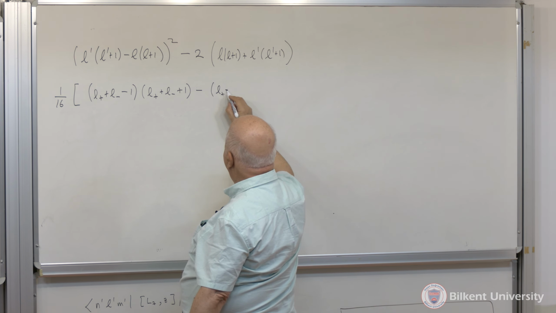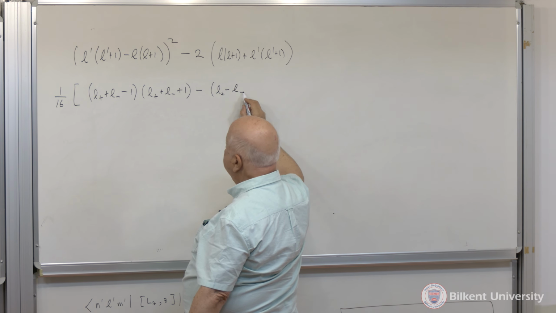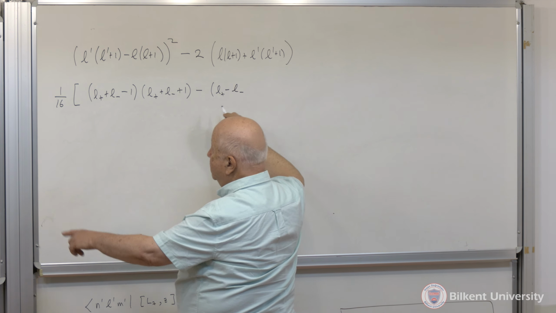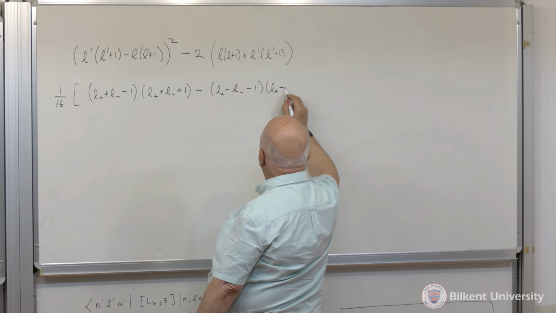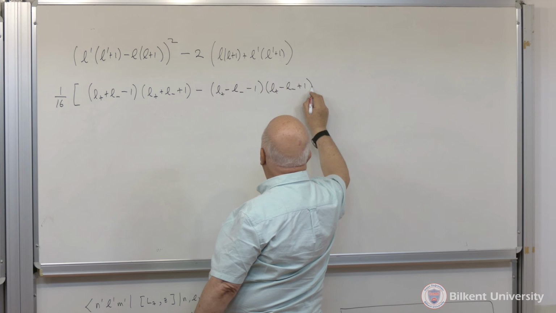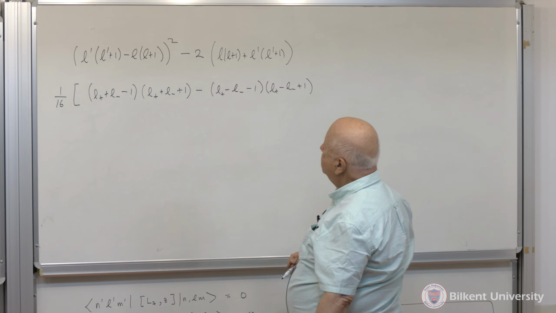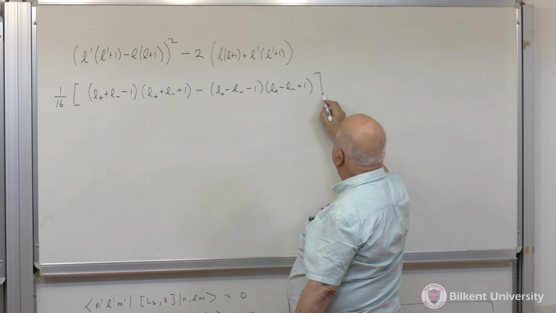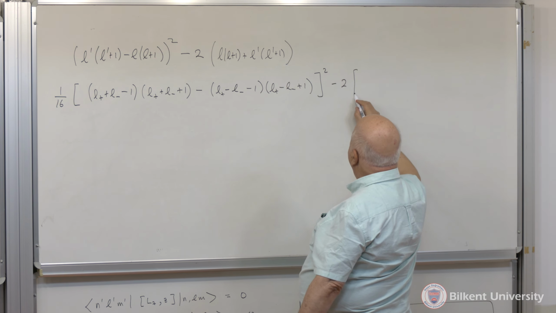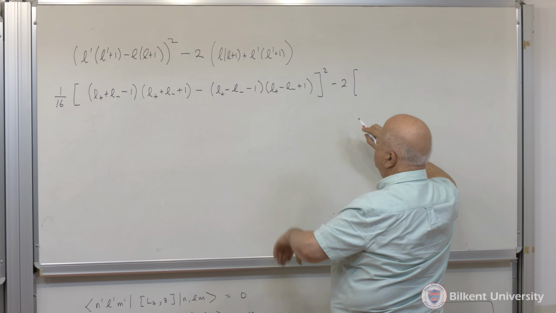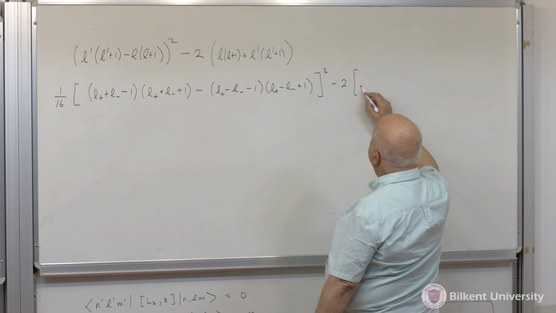L plus minus L minus minus 1 and L plus minus L minus plus 1. Okay, so those are that. The square of this minus 2, same stuff.